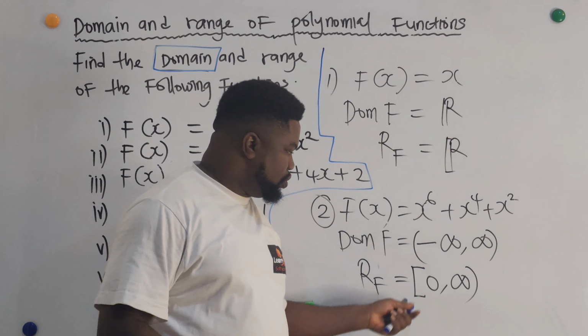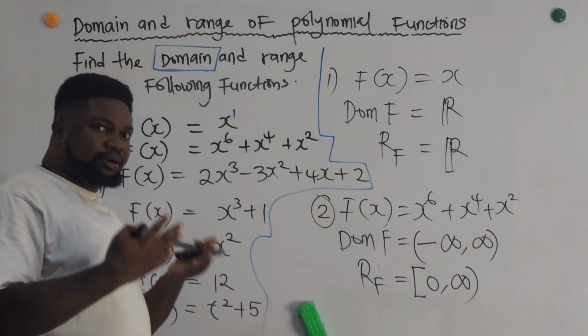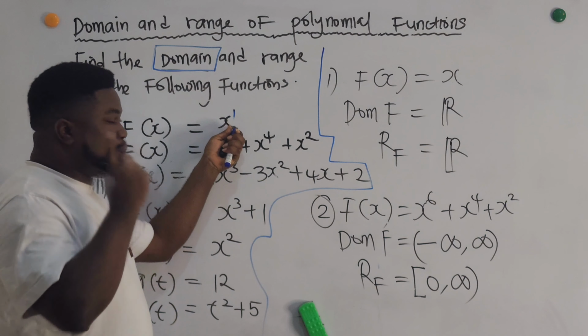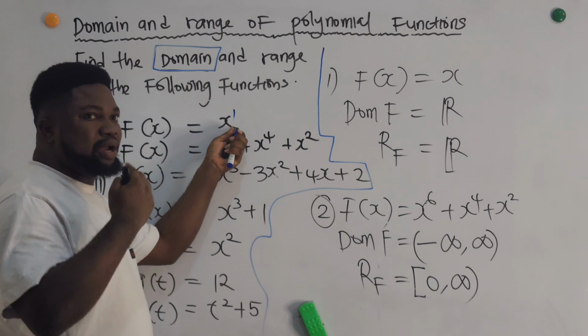Now, if you check number 1, the power here is odd. When your polynomial contains an odd power like 1, 3, 5, 7, 9, once you see one odd power in your polynomial, then the range becomes all real numbers.